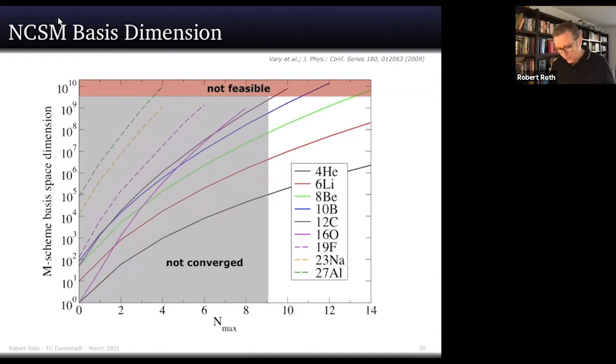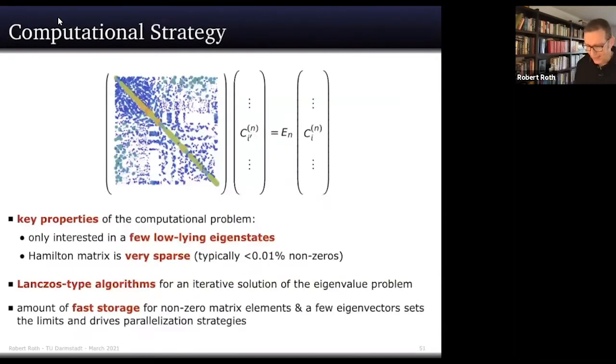Okay, now how is this at all possible? It is not always possible to deal with such a big matrix. You need special properties of this matrix, and these properties are essentially twofold. Number one, you don't really want to know the full eigenvalue spectrum of the matrix.